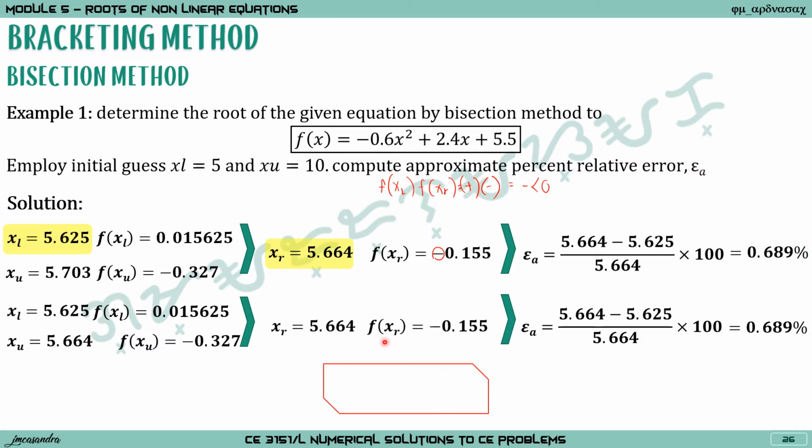Even if we continue with our iterations, we'll still be using the same lower limit and same upper limit. So with that, we stop at this iteration. So therefore, our estimated value of the root of x is equal to 5.664.